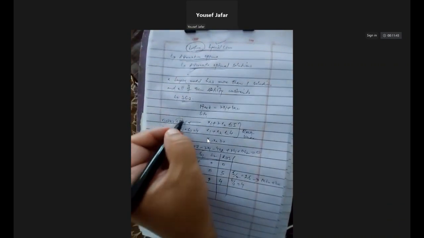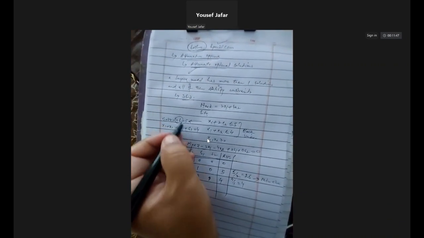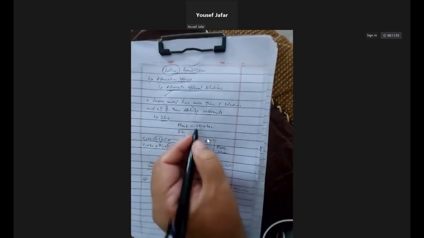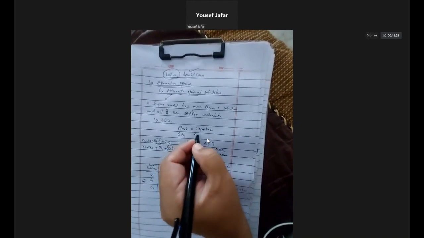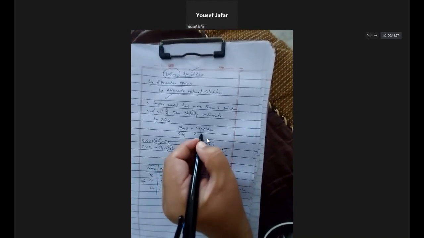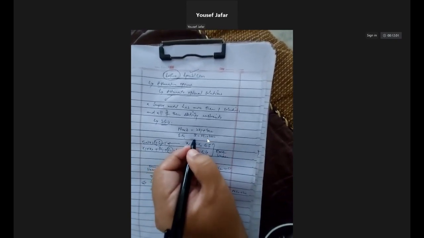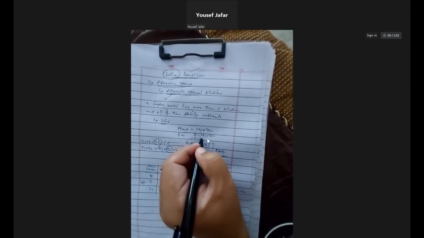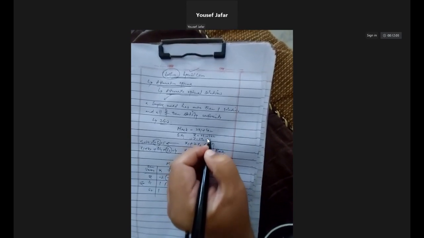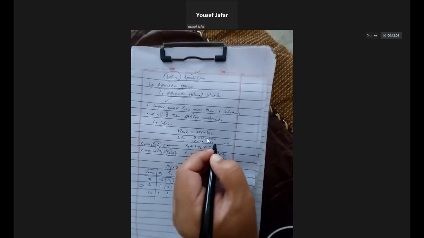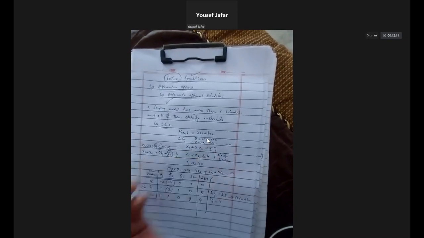Now we have s1 with a coefficient of 1 over here, and s2 with a coefficient of 1 over here. Now, if we go to the objective function, z is equal to 2x1 plus 4x2. Now, we can say that z minus 2x1 minus 4x2 equals 0.